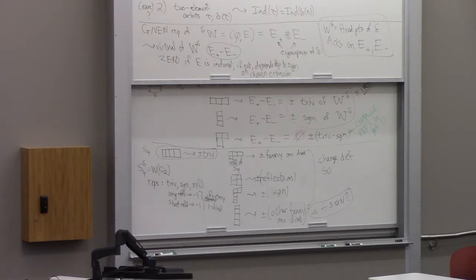These are the delta eigenspaces. And again, if I change the extension, I just interchange these 2 spaces.